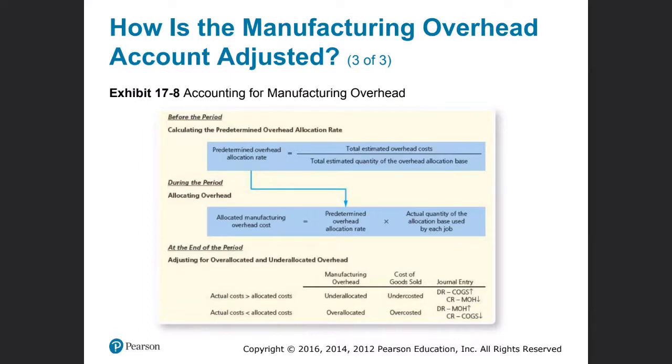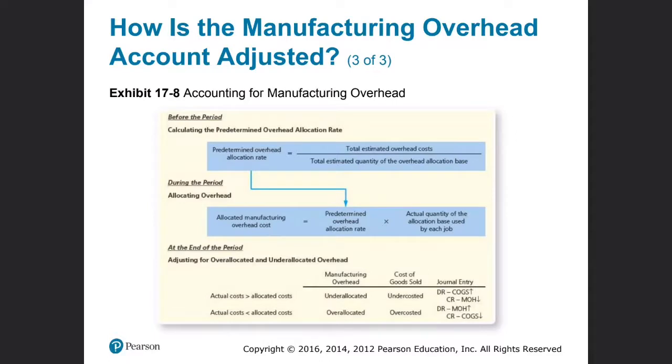And then once we have that, now we're in the period. During the period, we are going to allocate that overhead. To allocate the overhead, we're going to take that predetermined overhead allocation rate that we calculated before the period, and multiply it by the actual quantity of the allocation base used by each job.